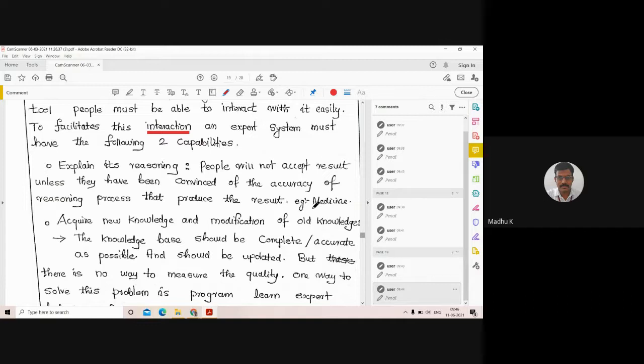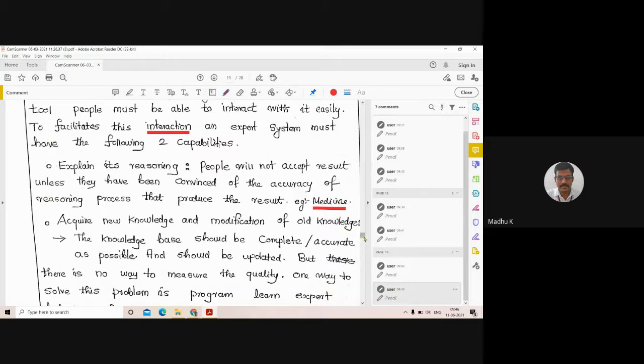For example, in the medicine field, suppose a doctor says you have some disease, you will not accept that without a proper explanation. Similarly, an expert system needs this capability, then only will the user use the system.